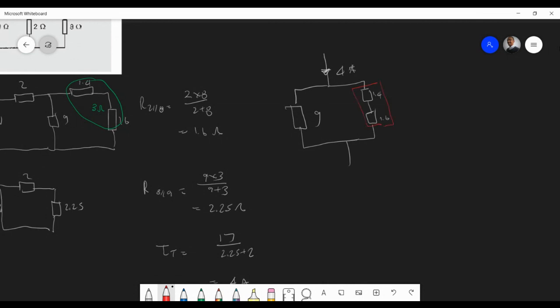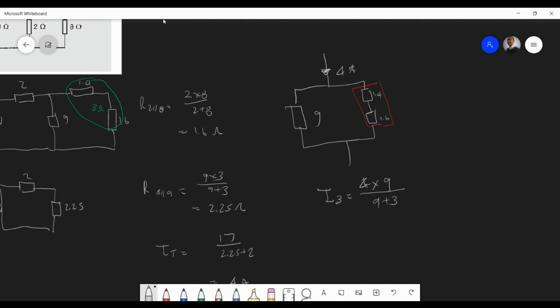And the reason why we're going through this is because remember we want the current going through the 1.6 resistor, so we can use current division again. So then what we do now, I'm going to call it I3, is 4 amps times the one we don't want, if you remember, which is 9, and then 9 plus 3.